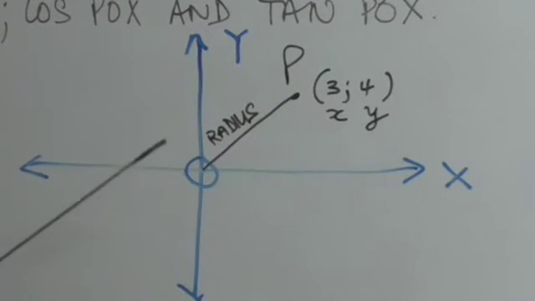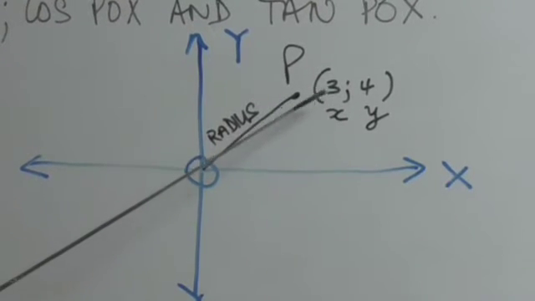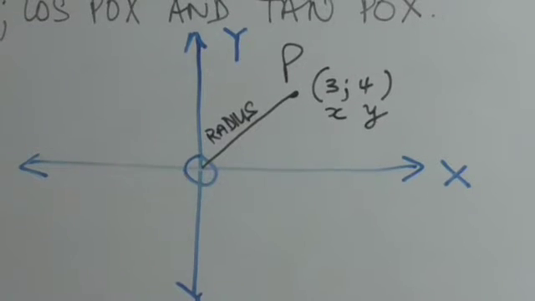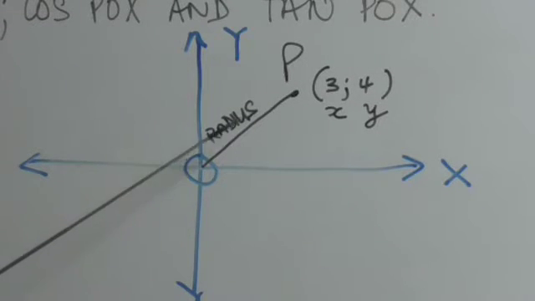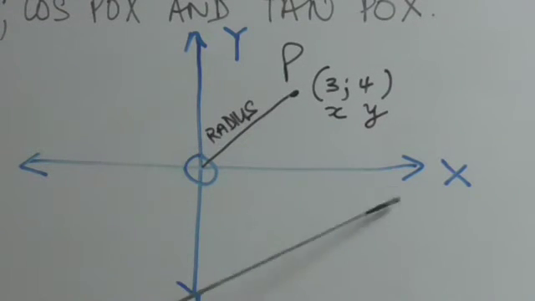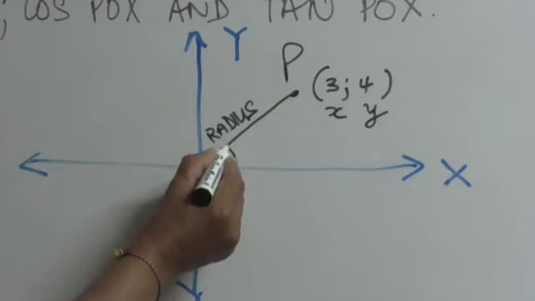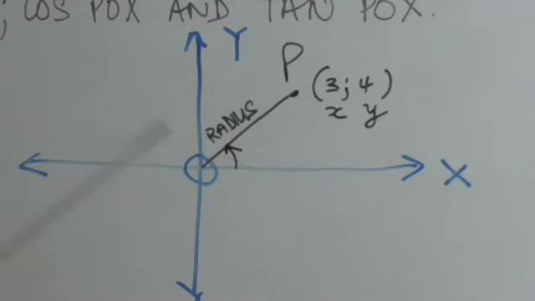Now, there's point P. Its coordinates are (3, 4), and it forms an angle POX. Now we want sine, cos and tan. So the formula now changes slightly.